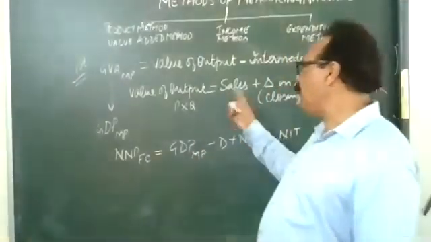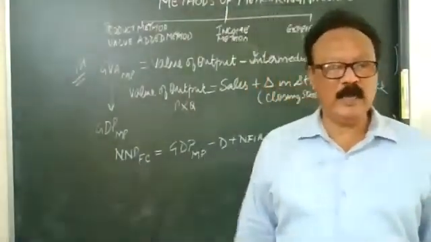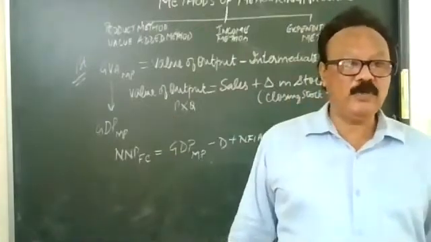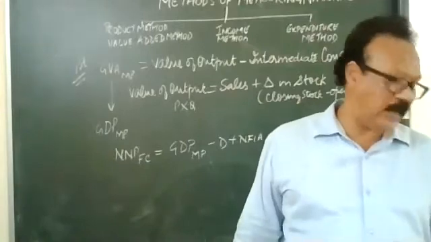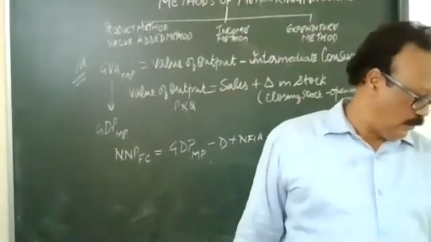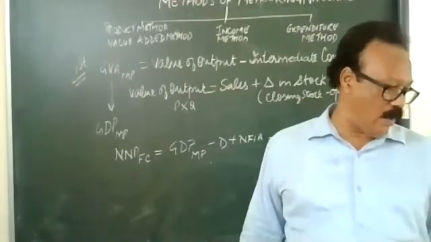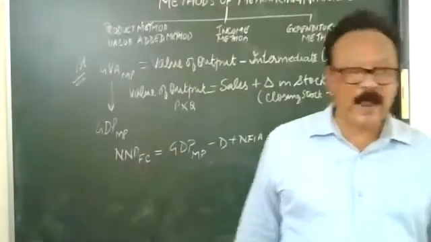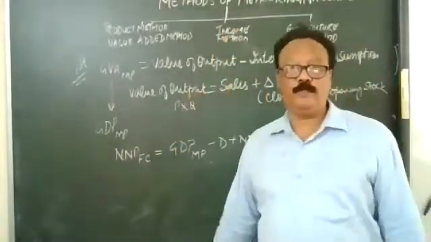Then, if sales is not given in the question directly, we need to calculate the sales. How would you calculate it? Simply by P into Q. P stands for the price per unit and Q the quantity. So, the value of output refers to the market value of the commodities produced by the firm, and it can also be calculated as P into Q.